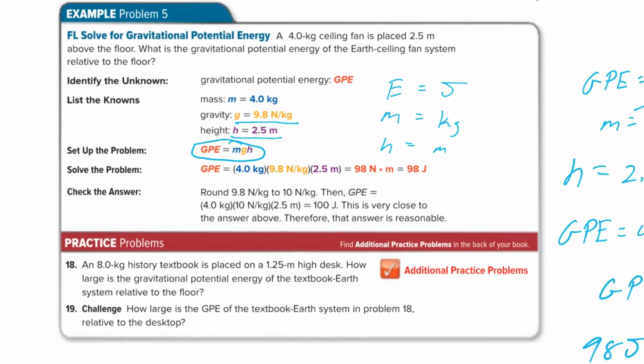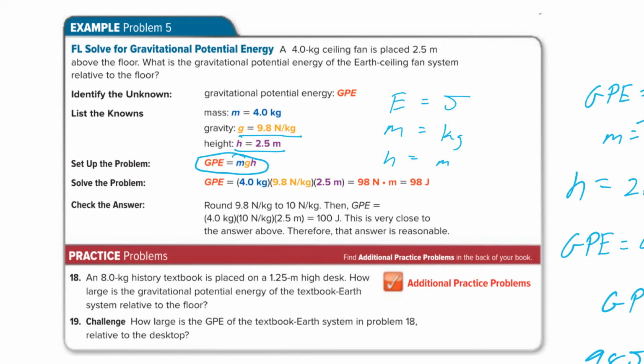The only other thing you need to do is double check and make sure they're not giving you any weird things where you got to convert something before you can actually use it. Because remember, you have to have it in joules, you have to have kilograms, and you have to have meters. If you have something else, you got to convert it. But this first one here, again, these are the ones that are in the problem set that you got to answer. This first one is already in kilograms. It's in meters, so you're actually given your mass and you're given the height.